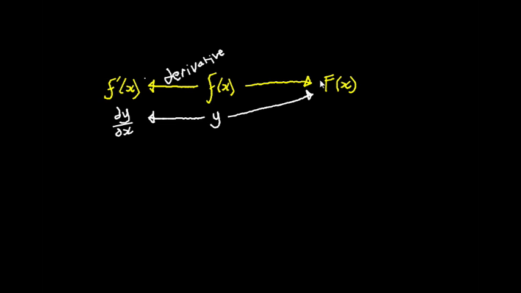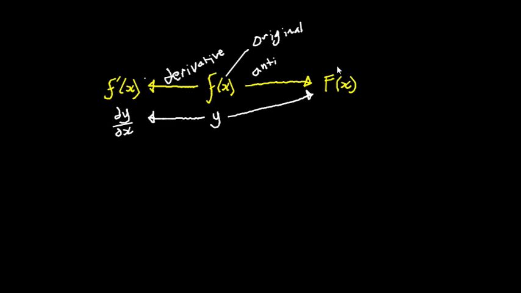Now finding the antiderivative will give us capital F of x. So just note the difference between them. F dash of x means the derivative of the original, capital F of x means the antiderivative of the original. By original it means the equation given.